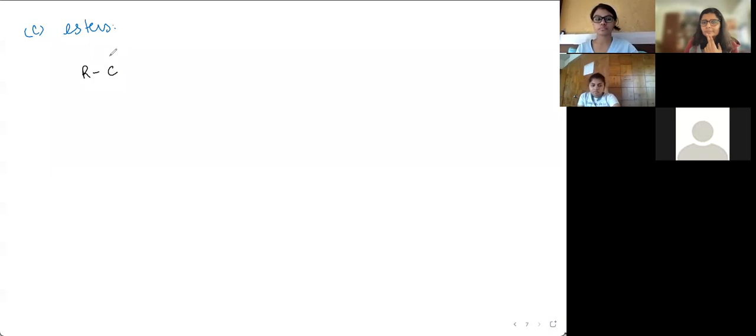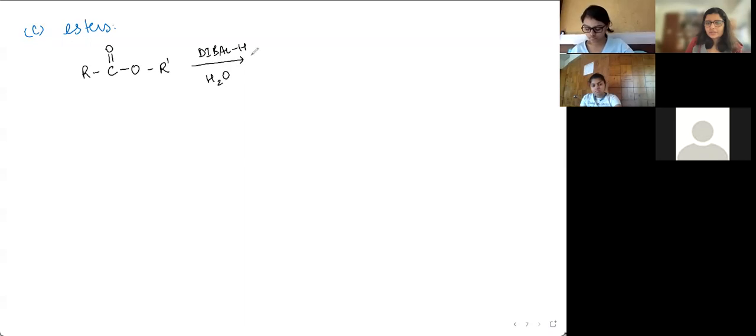C double bond O and O, and then this is connected to another R'. Again, same thing, use DIBAL-H in the case of ester, and then hydrolysis, you get R-C double bond O-H.